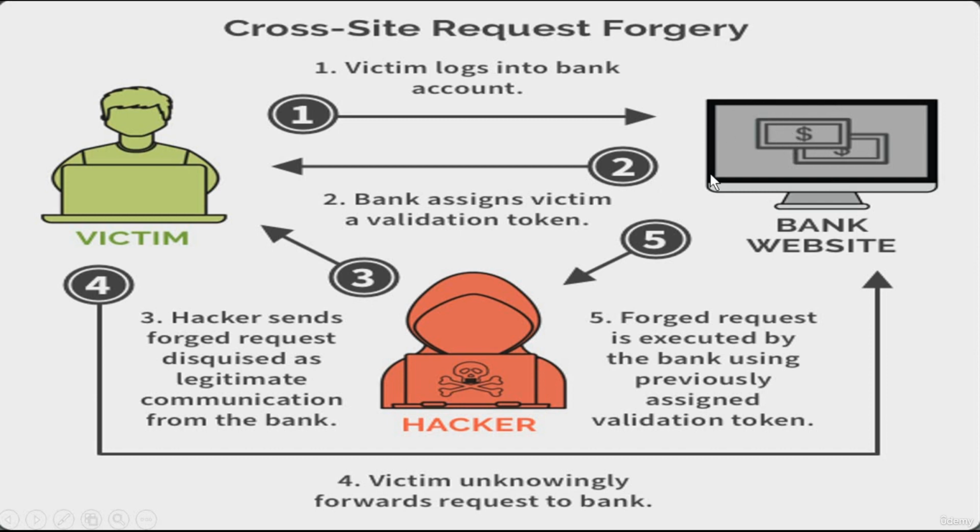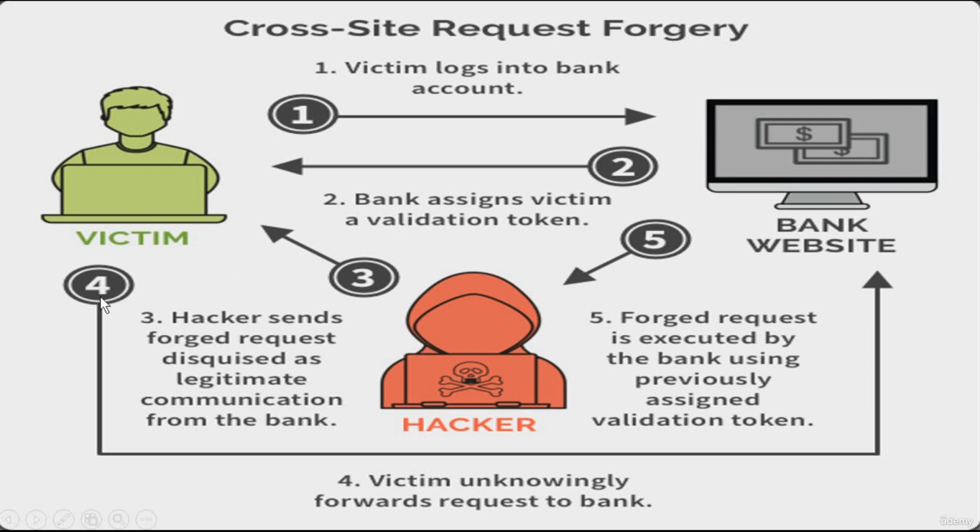Now the bank website will directly reply that the bank assigns the victim a validation token. Now you are a hacker. The hacker sends false requests disguised as legitimate communication from the bank. That will show as legitimate communication from the bank, but in actual it is not.